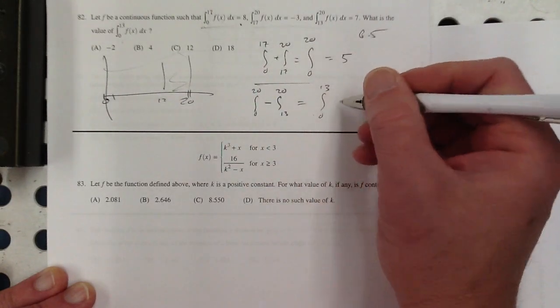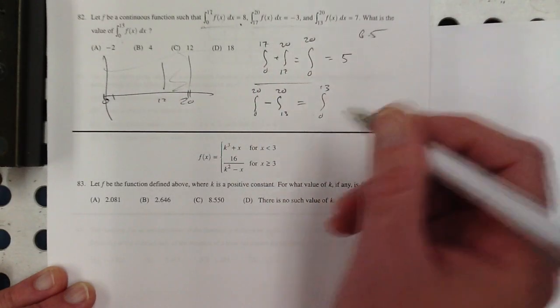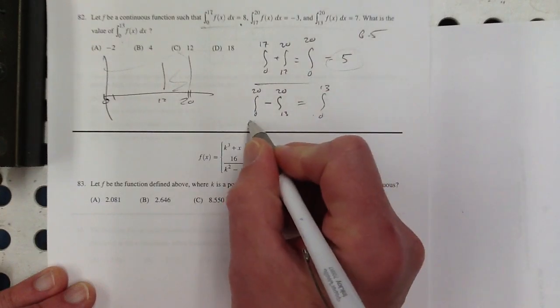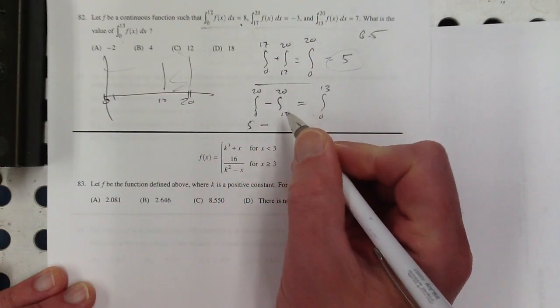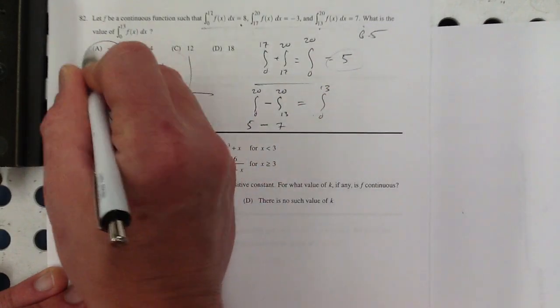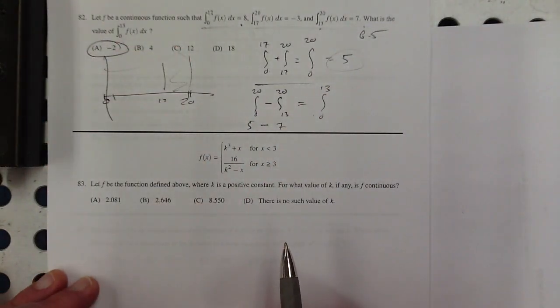That hopefully is fairly obvious geometry to you. So 0 to 20 is, we just found that that's 5, minus the 13 to 20 is 7, so it would be -2, what we're looking for.